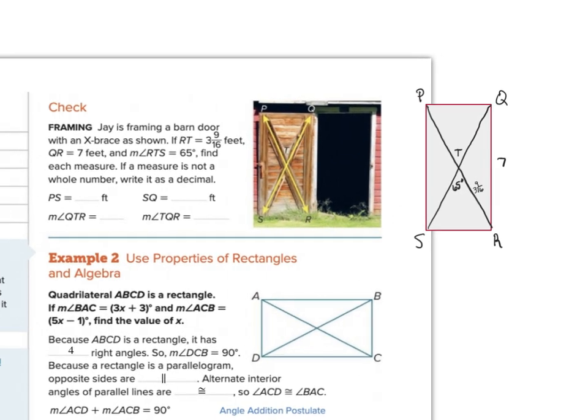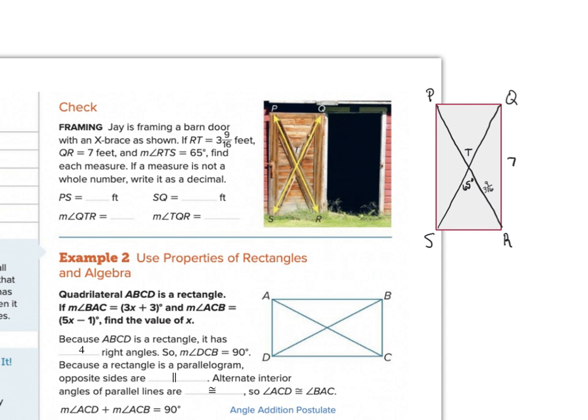Now here, I went ahead and tried to draw this, and it's not all that pretty. Our images may be a little bit hard to see on the backdrop, and this is basically a rectangular barn door. They're showing us the diagonals, and it's hard to see on this image, so I created this rectangle to show what it looks like.